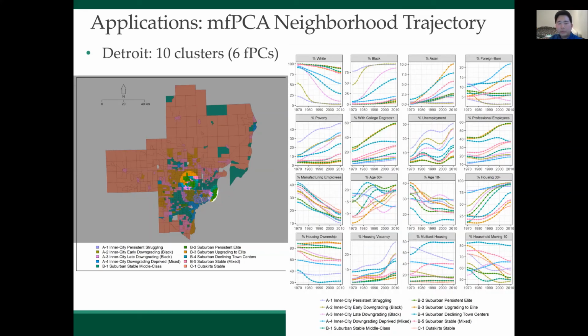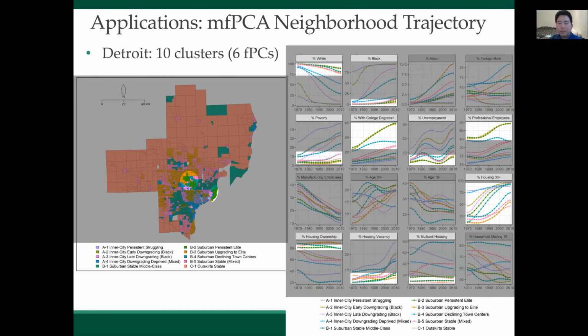This trajectory shows suburban persistent white elite neighborhoods. These neighborhoods have maintained a high socioeconomic status throughout the whole period. The major racial group has been the white population, and the rate of professionals has been very high, and poverty and unemployment rates have been very low.